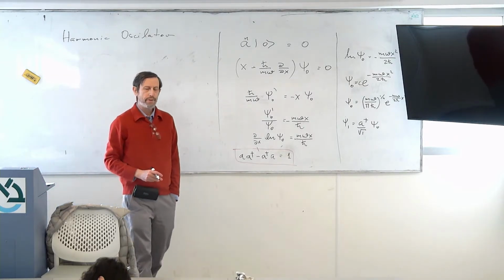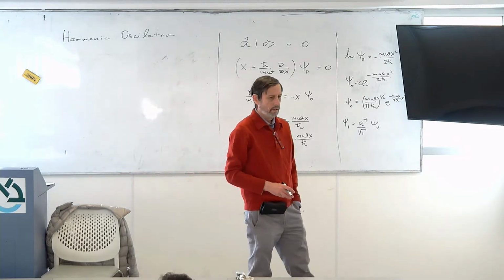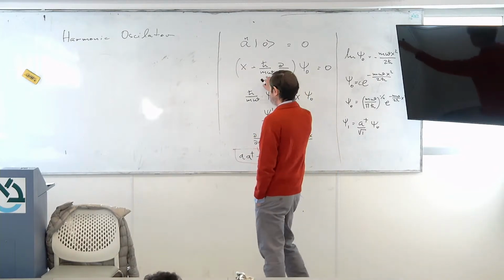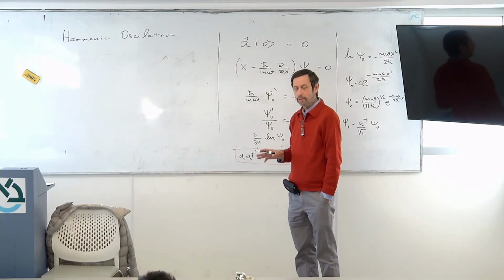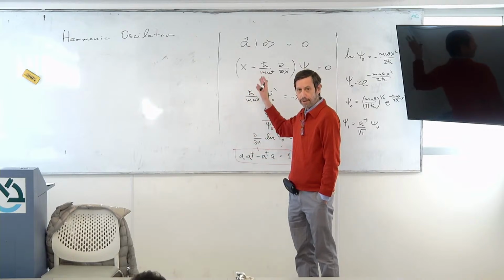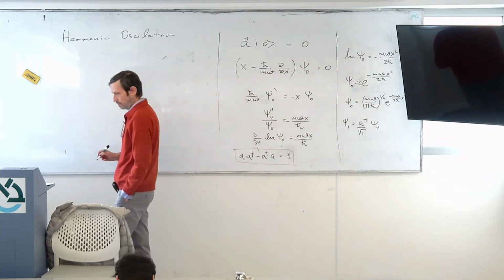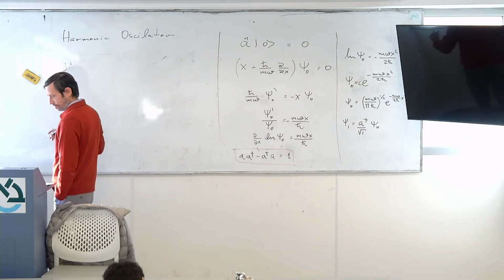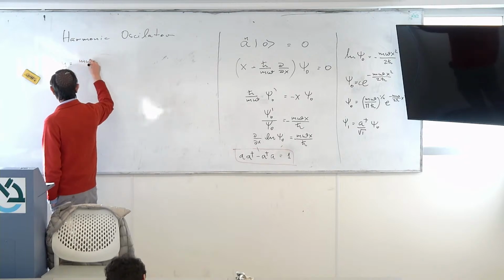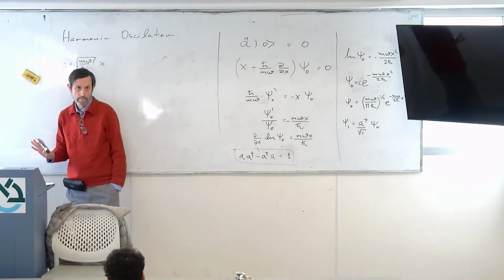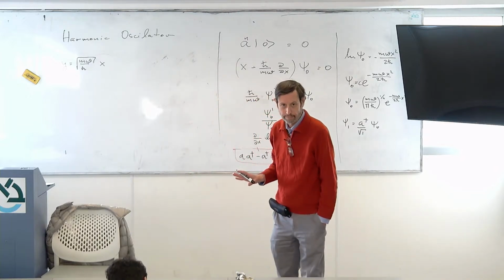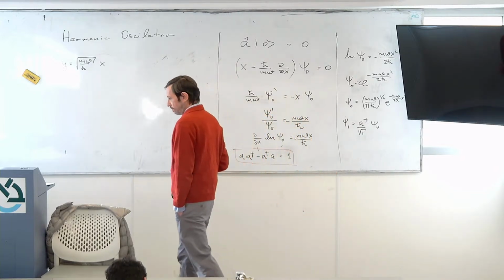Okay, so first, because I'm lazy, I don't want to write all the time h bar over m omega here. I'll redefine my variable as y, just to economize on writing, nothing more than that.